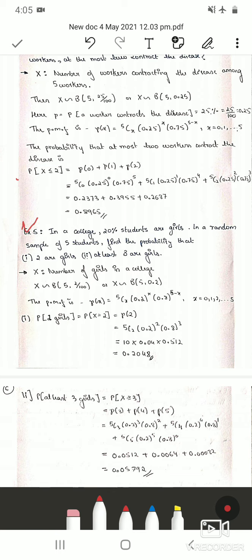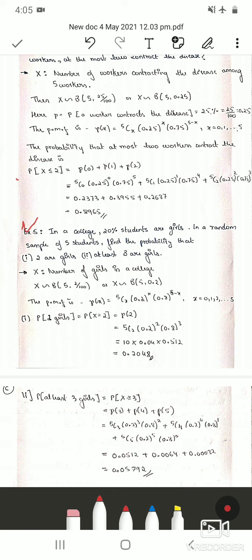So here they say that 20% of the strength are girls, and suppose you want to do some survey and you are picking 5 students at random in the entire college. Then you have to find the probability, among 5 students, that there are 2 girls, or at least 3 girls are chosen at random.